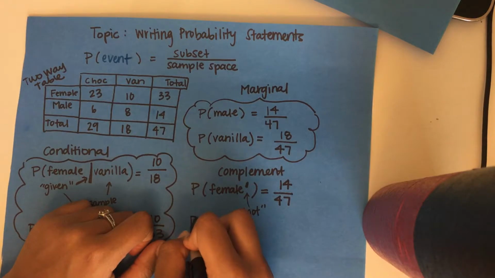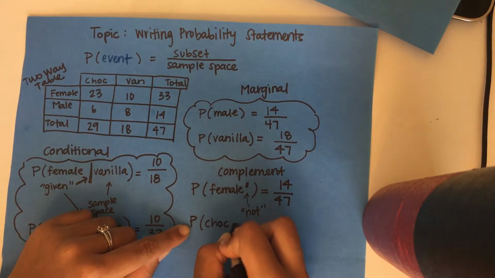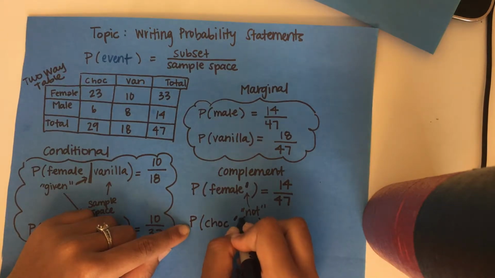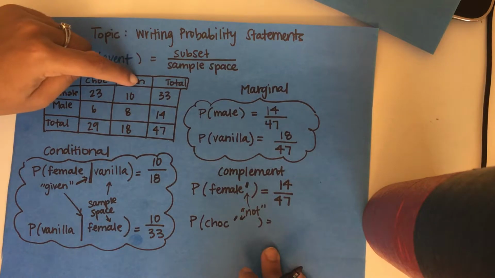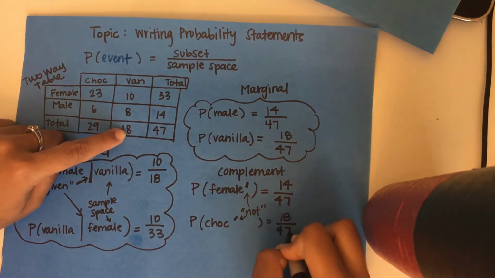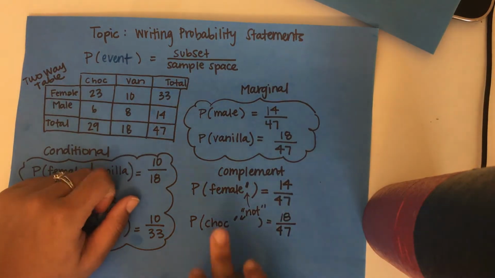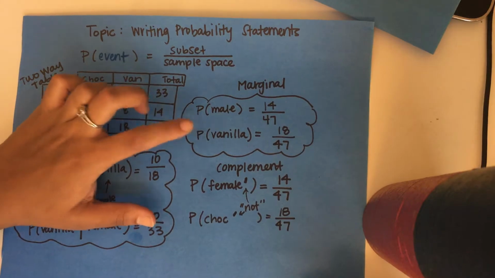So we could also ask, what is the probability that someone does not like chocolate? Well, what is not chocolate? Vanilla. So we know that 18 out of 47 people like vanilla, not chocolate. Well, that's the exact same as this kind of statement up here.